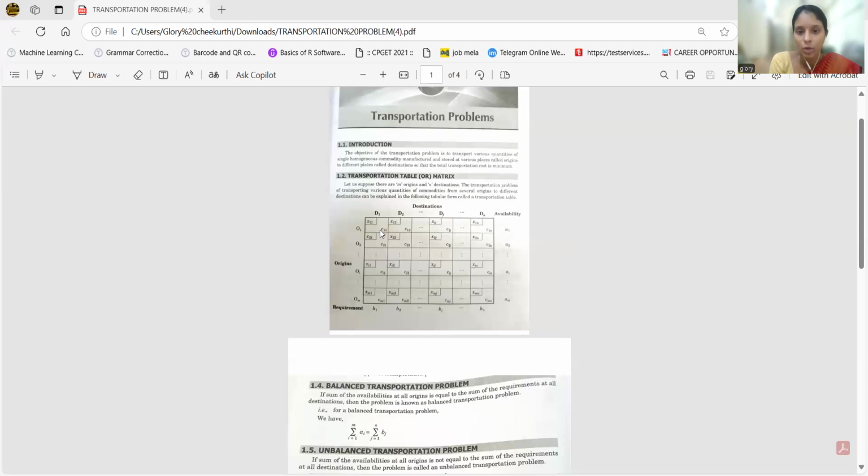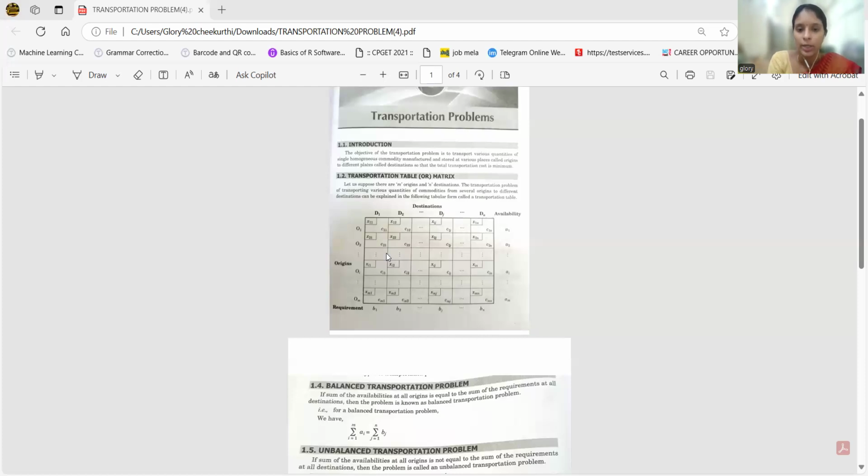Here C11 is the cost of transporting a quantity from origin 1 to destination 1, and X11 is the amount of quantity we are transporting from origin 1 to destination 1. Likewise, Xij denotes the quantity from origin i to destination j, and Cij denotes the cost of transporting the quantity from origin to destination.